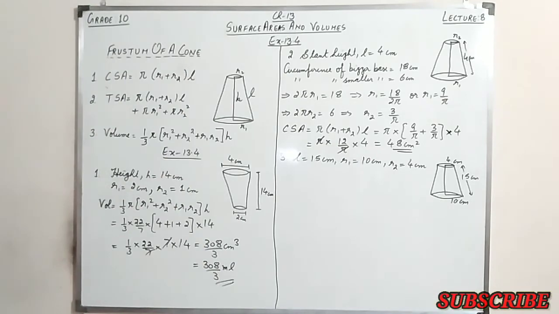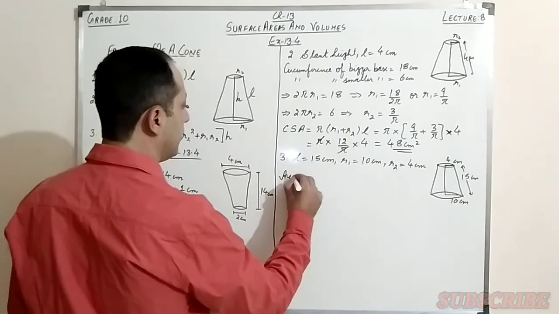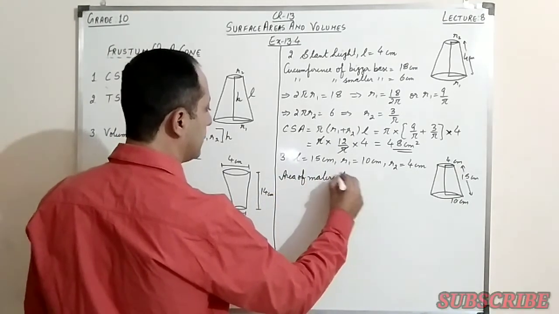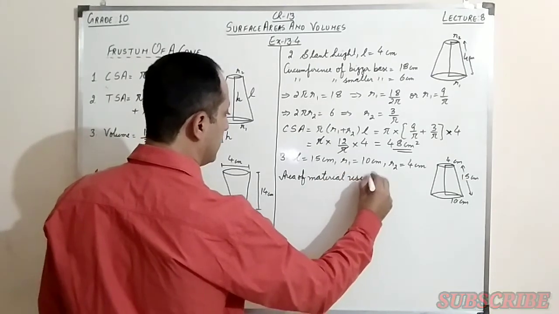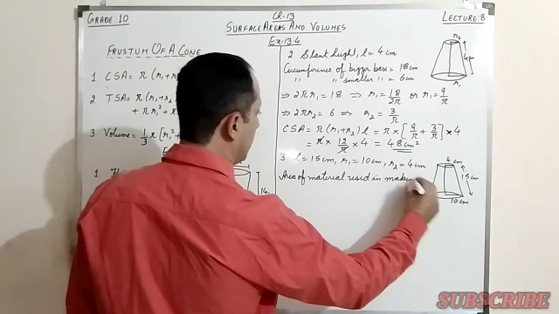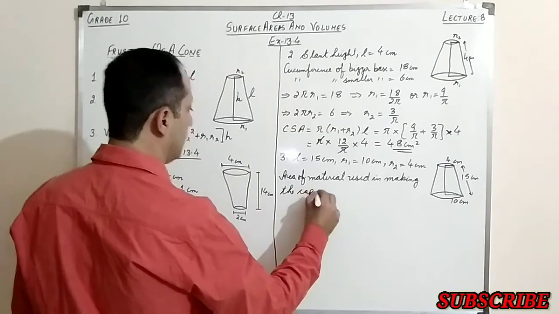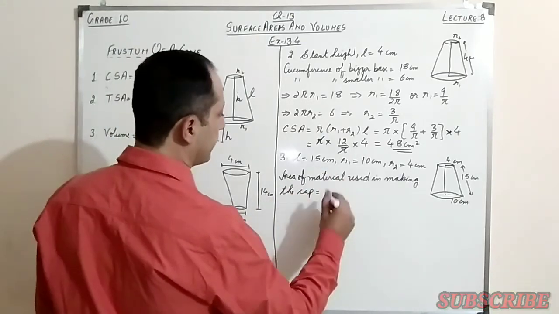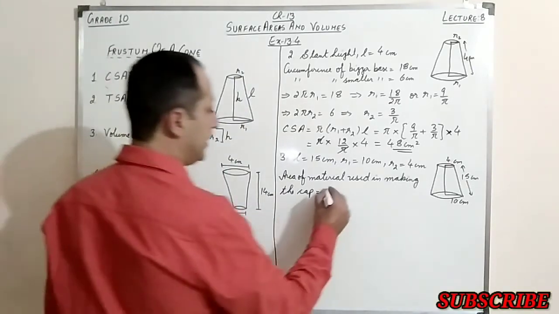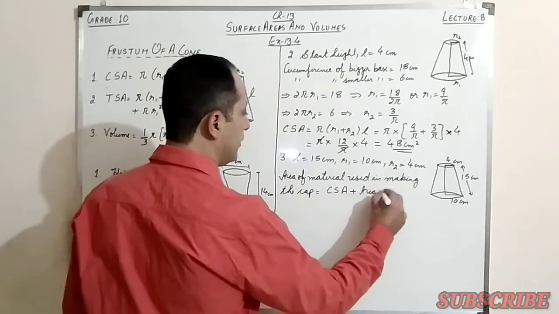Now we need to find the area of material used in making the cap. So that will be equal to, first we add the curved surface area, so that will be CSA plus the area of the smaller base.